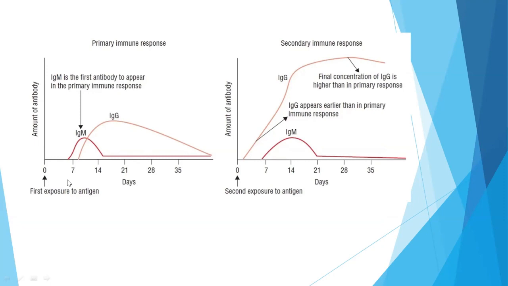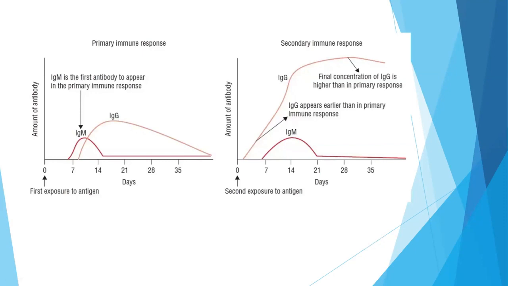Whenever there is first exposure, there is first development of IgM antibodies. When the IgG antibody starts rising and reaches its peak, the IgM falls down. Whenever there is second exposure to the same antigen, the IgG antibody starts appearing in the blood faster than the IgM. There is also production of IgM, but due to the secondary and memory function, the IgG antibodies appear earlier than in the primary immune response.